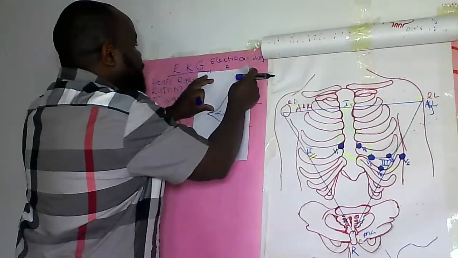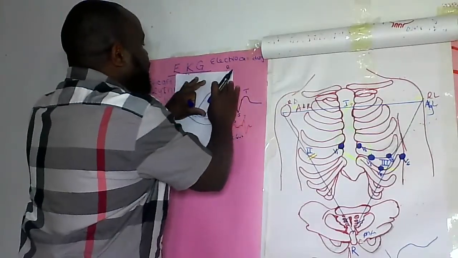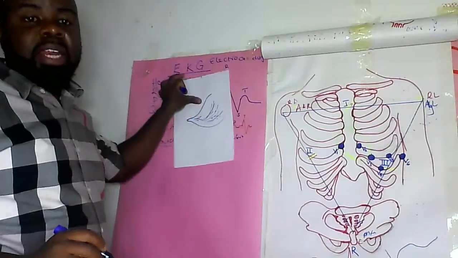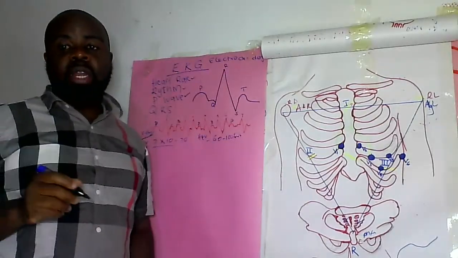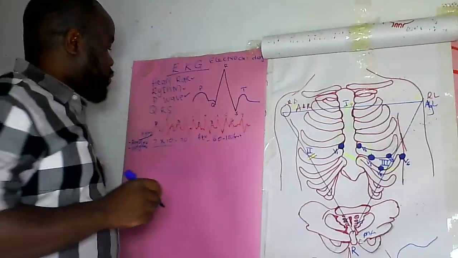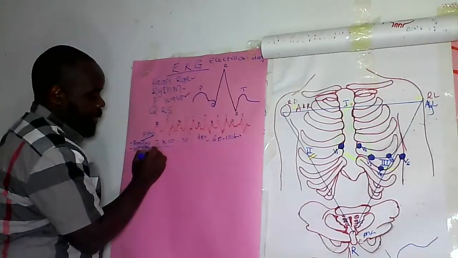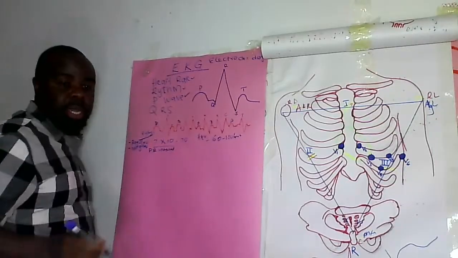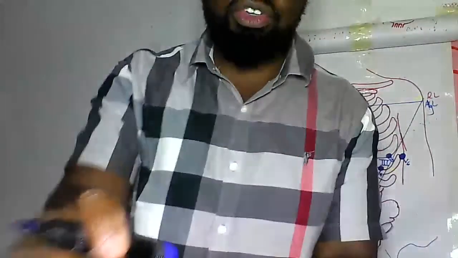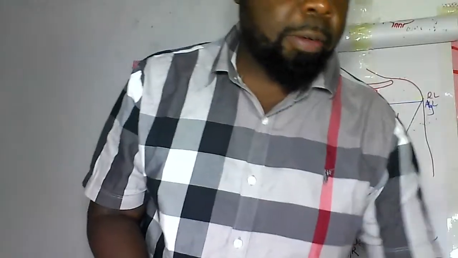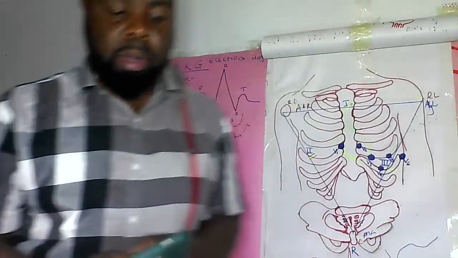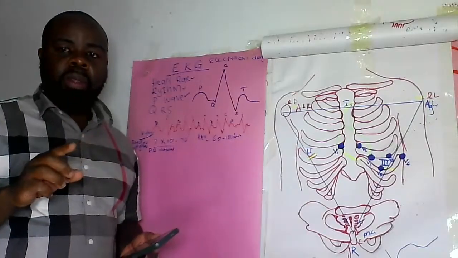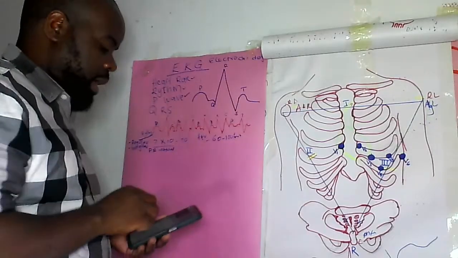The PR interval is always 0.1 to 0.2. You should check the PR interval; it should be 5 small boxes.